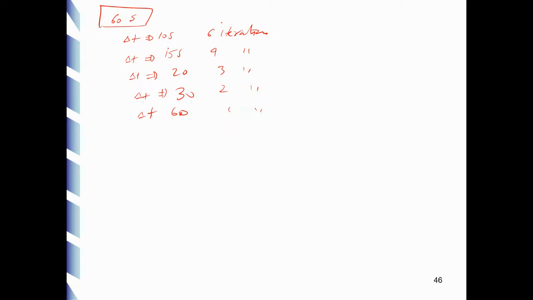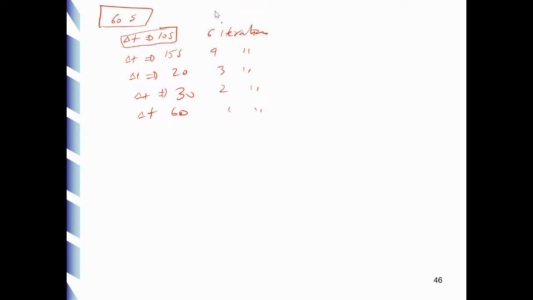So your solution will be more stable if you have more iterations. So how do you select the minimum delta t?